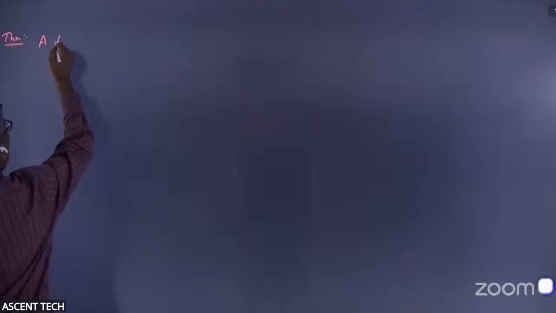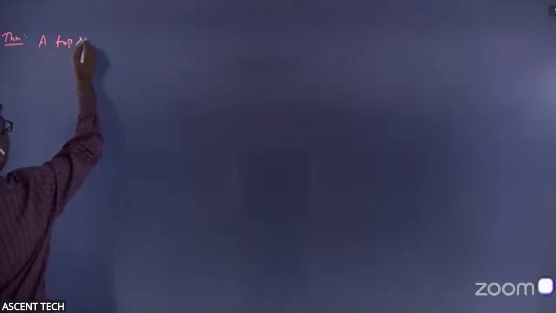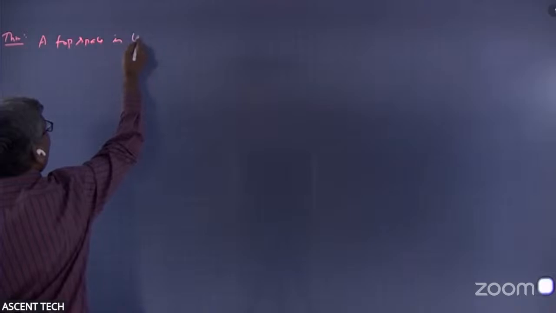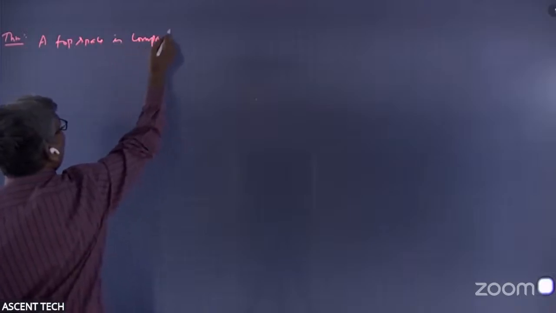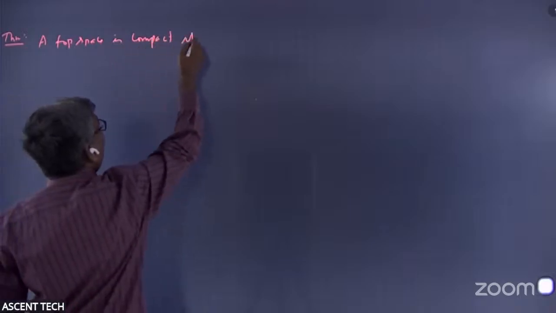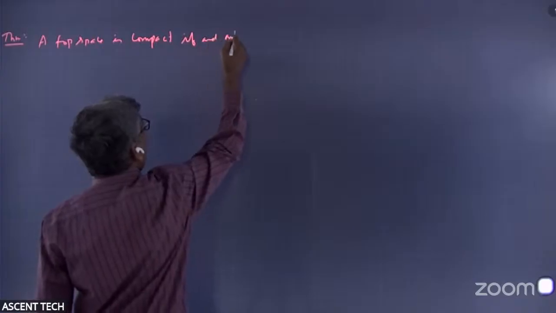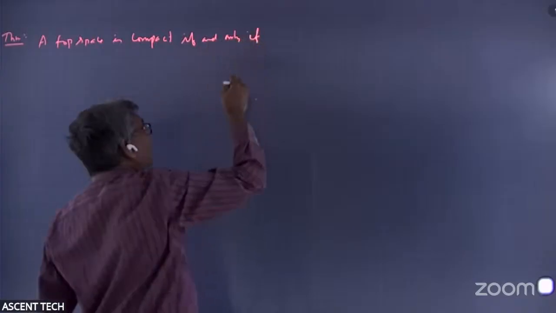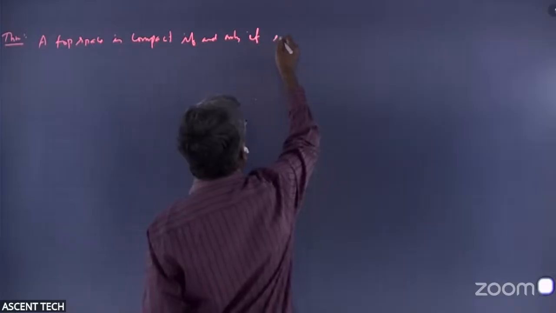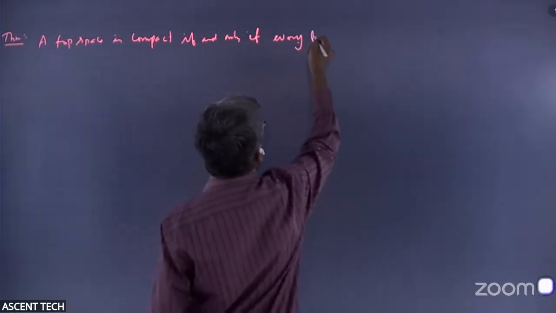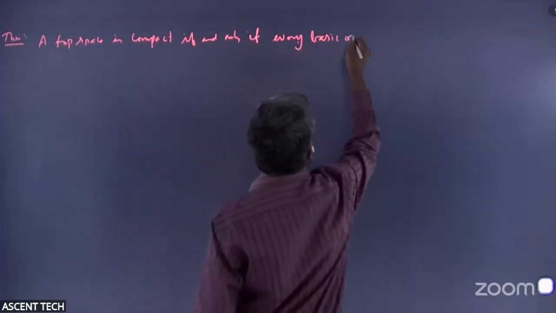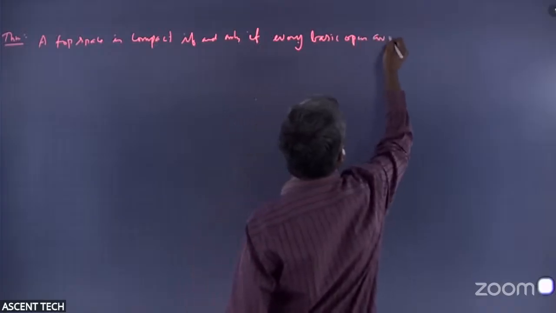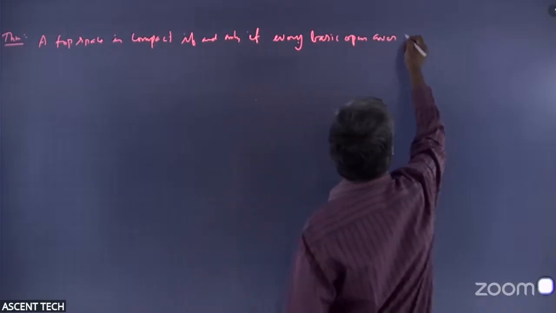First of all, this is the easy theorem to prove. A topological space is compact if and only if every basic open cover admits a finite subcover.